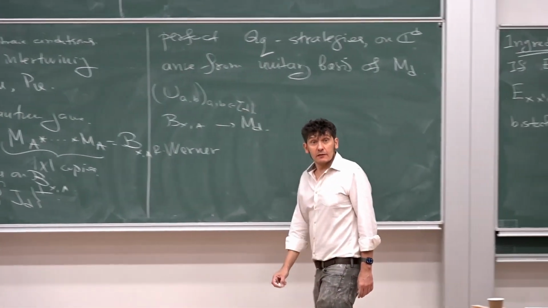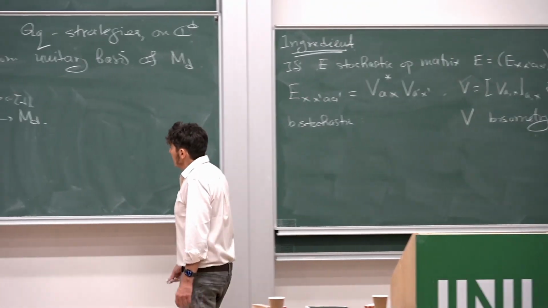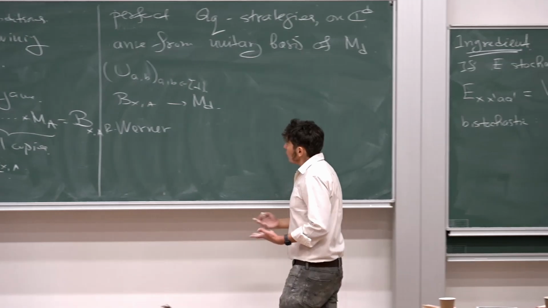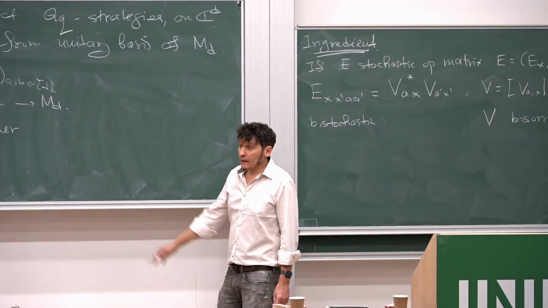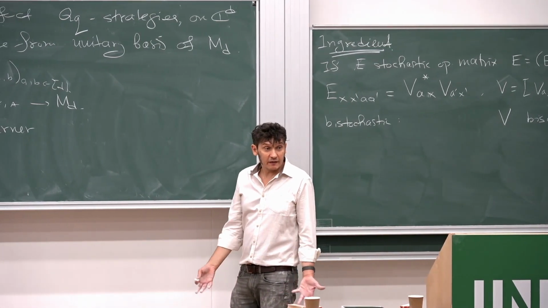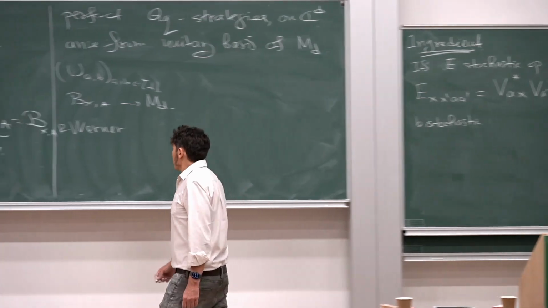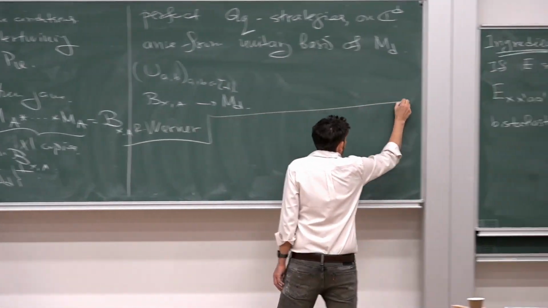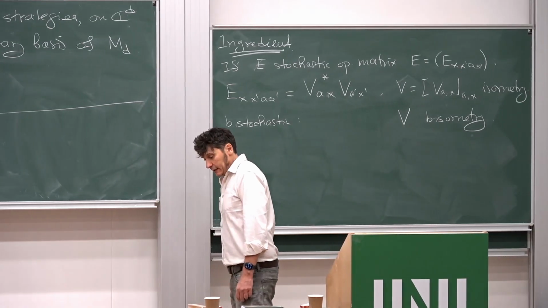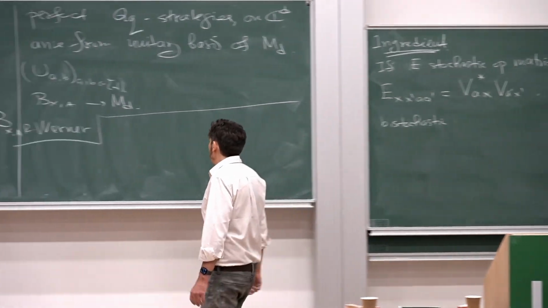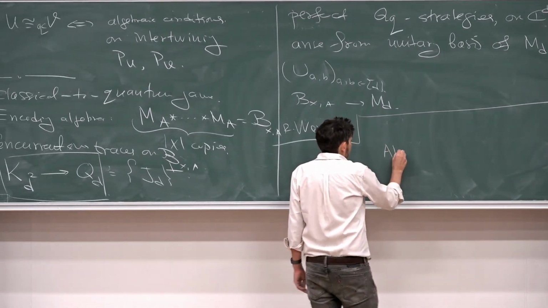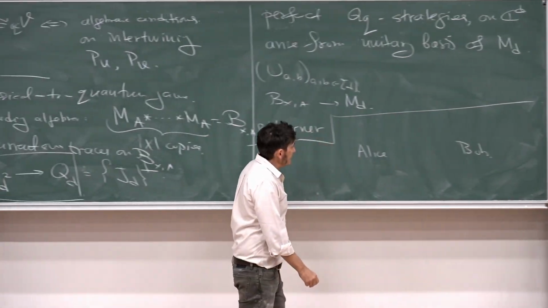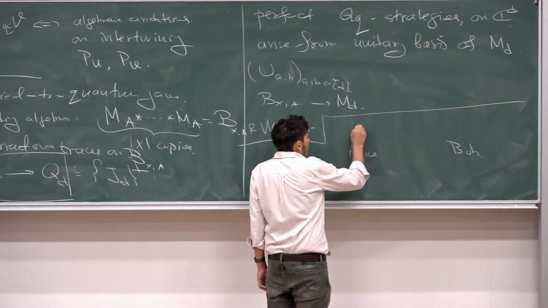So in the last 1 minute and 20 seconds, how do you build a superdense coding scheme from a bunch of unitaries that form a basis in M_D? In superdense coding, Alice wants to send a certain classical message. Here is Alice, and here is Bob. Alice is given a certain message x.